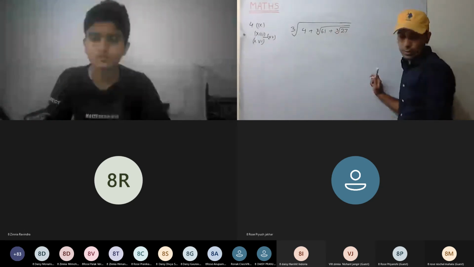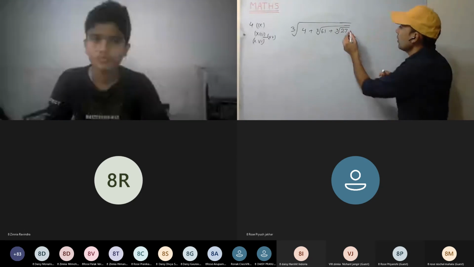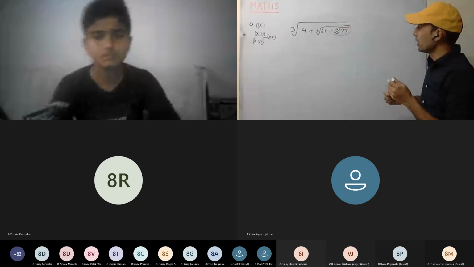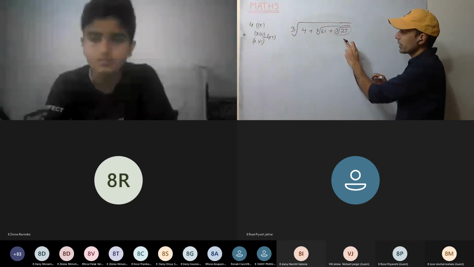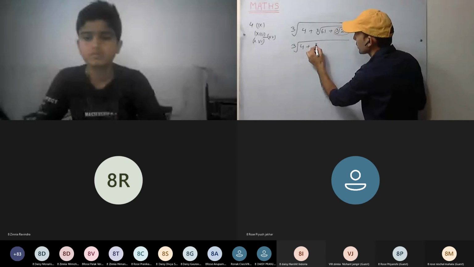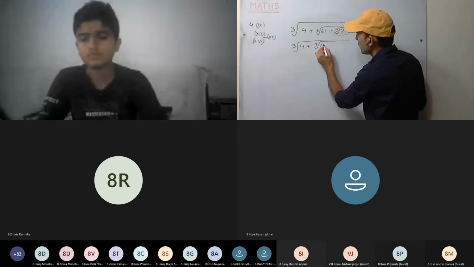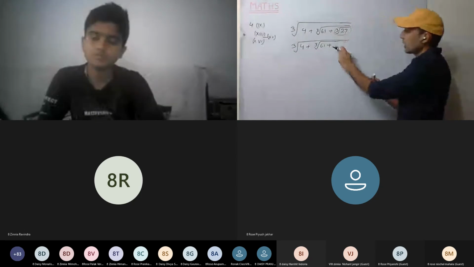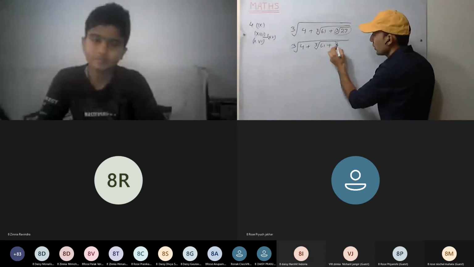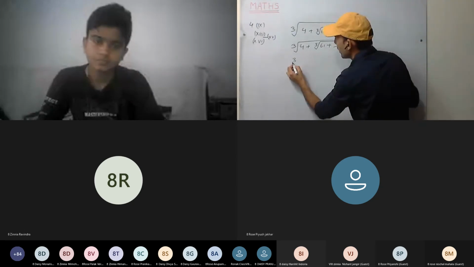So first we have to solve this one. What I'll be writing: the cube root of 27 is, the rest we will copy as such. 4 plus cube root of 61 plus what do I have to write here? 3. Cube root is there.